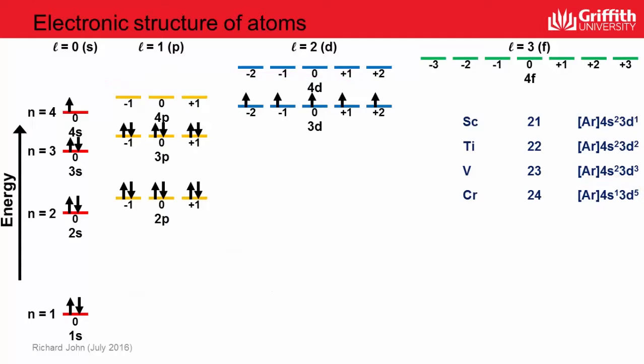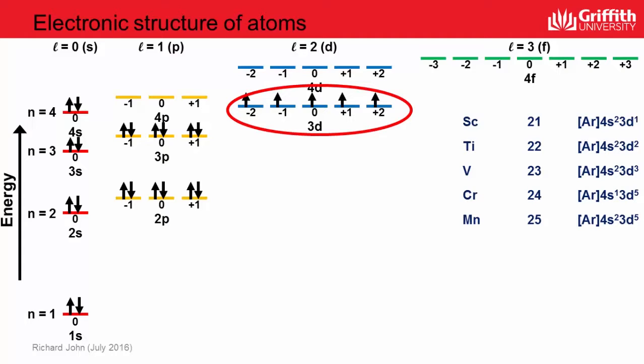If we wanted to continue to add electrons, we would get to element number 25, and we're going to fill in the lowest available orbital in terms of its energy, and that is still the 4s orbital. So the 25th electron would go into that 4s subshell, and we've got the manganese electron configuration of the argon core 4s2, 3d5, and so we're back on track as to what we would expect.